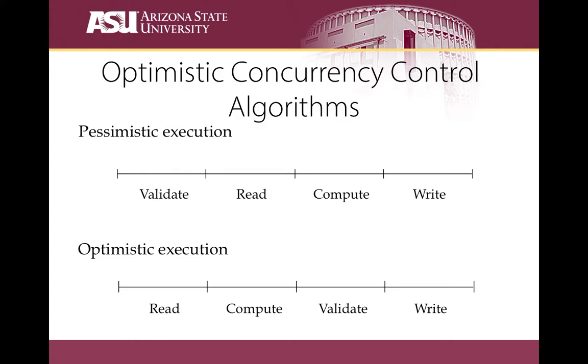The limitation comes from the fact that the version that you choose to read should be a version that has been written by an older transaction, right? So you're going to have multiple versions of the same value, but you need to choose the version that will not cause any conflict.